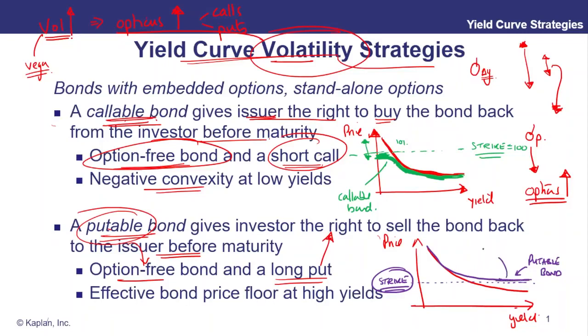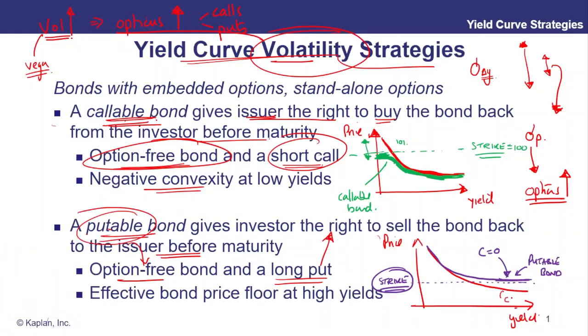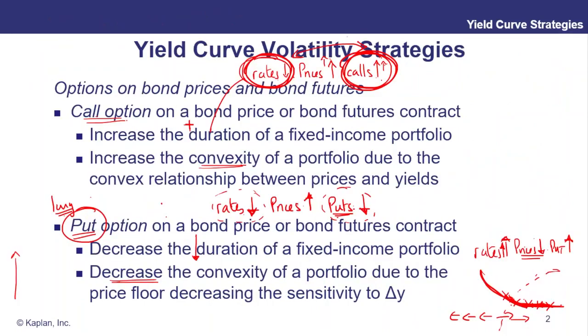So convexity is zero there, once the put's deeply in the money. The option-free bond has still got some convexity. It's not massive, but it's still got some. And you can see, therefore, that adding the put to go from the red line to the purple line decreases the convexity of the payoff. So yes, the put does lower convexity of the portfolio.